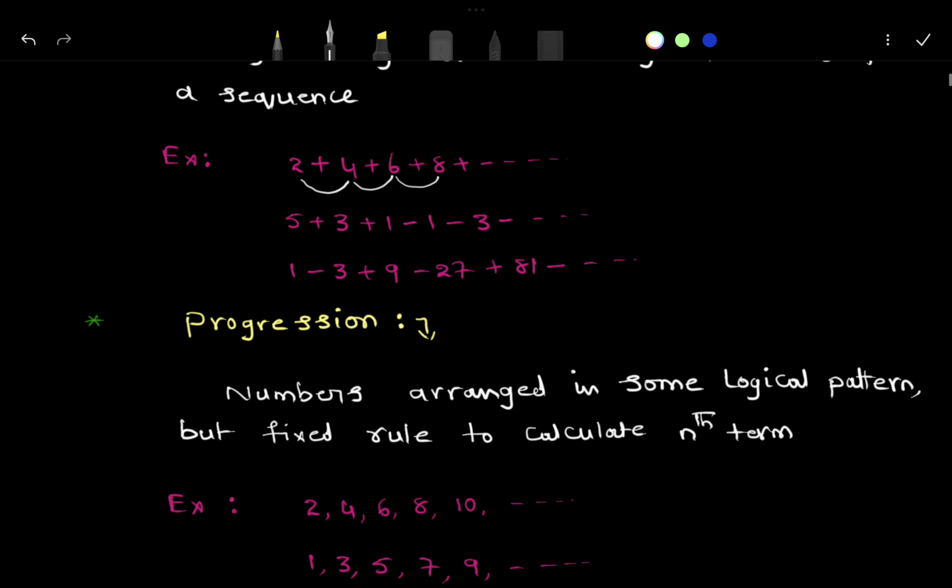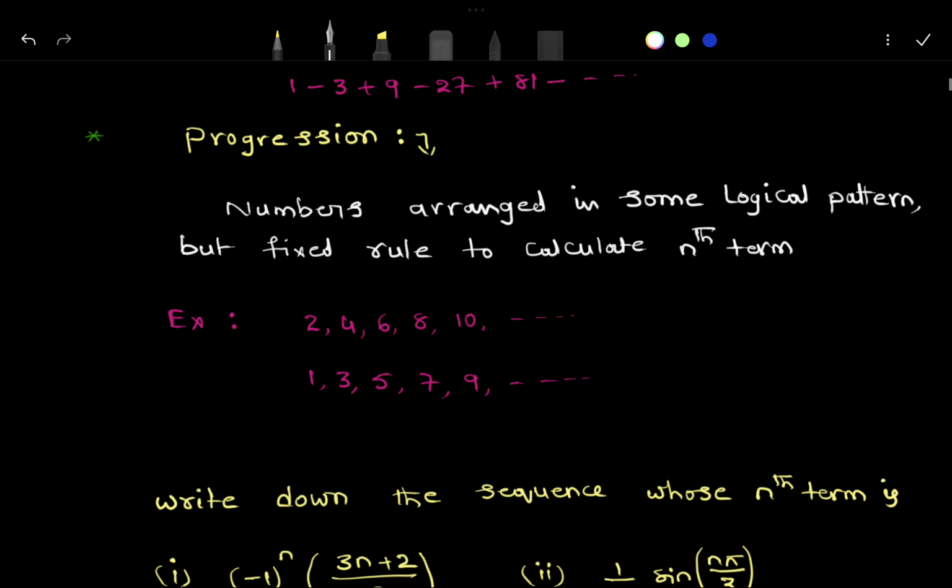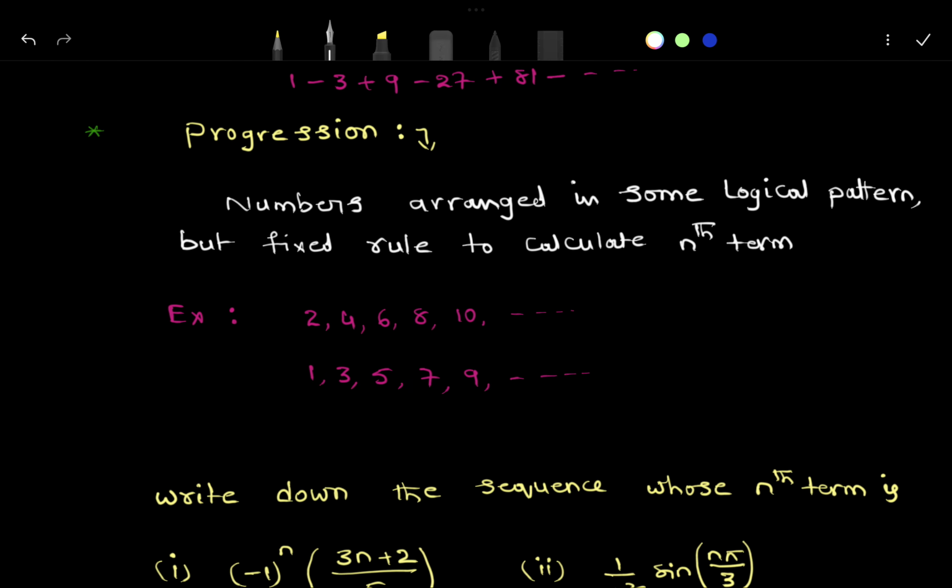After that, progression. So what is a progression? Numbers arranged in some logical pattern, with a fixed rule to calculate the nth term. Observe this one: 2, 4, 6, 8, 10 and so on.